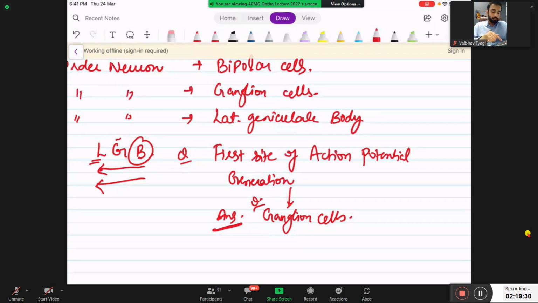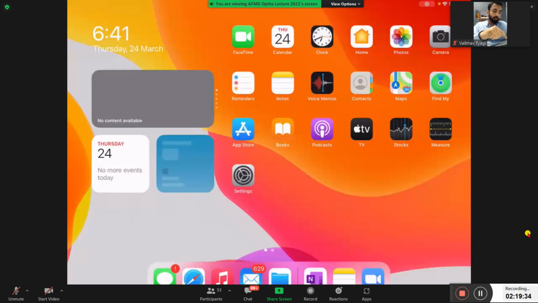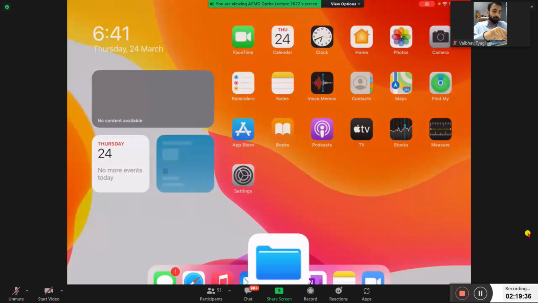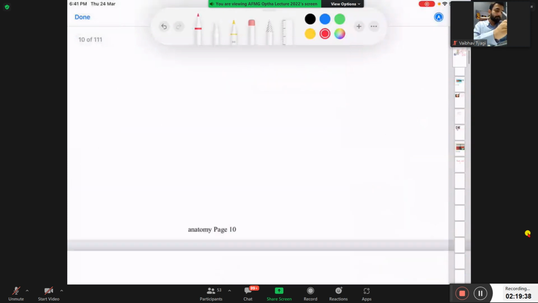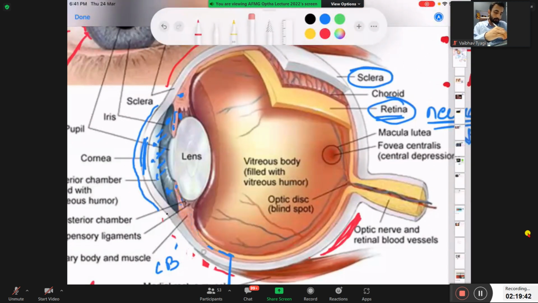Now coming back to the diagram. This picture of the eyeball, which I showed you in the beginning of the class. Let us revise again.